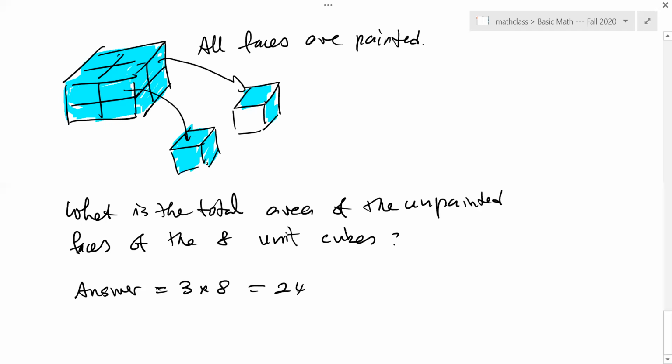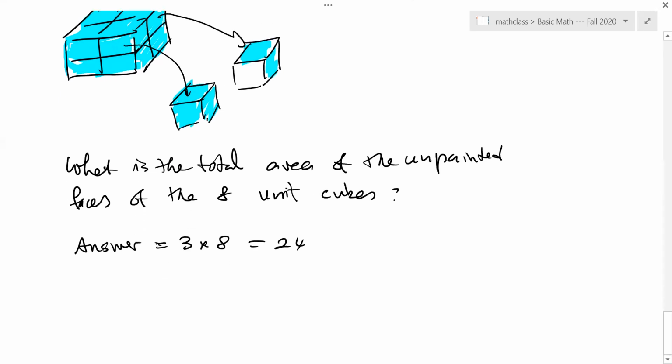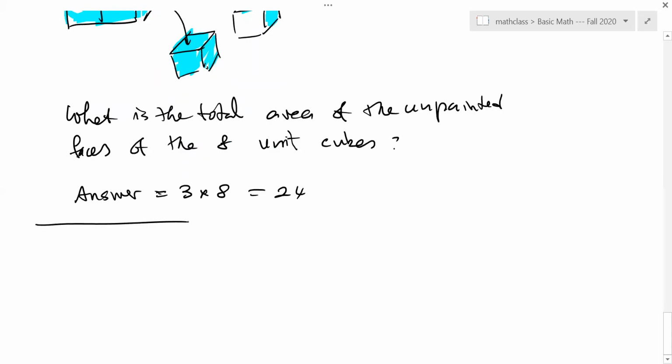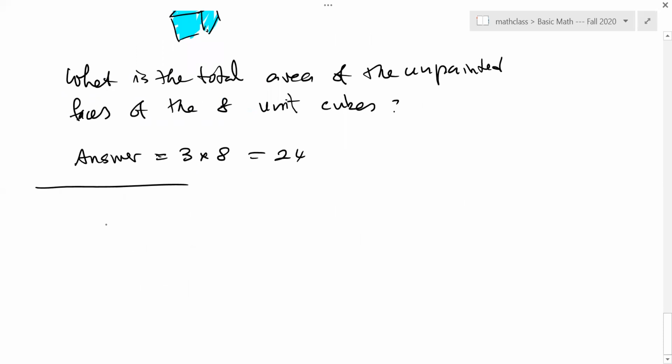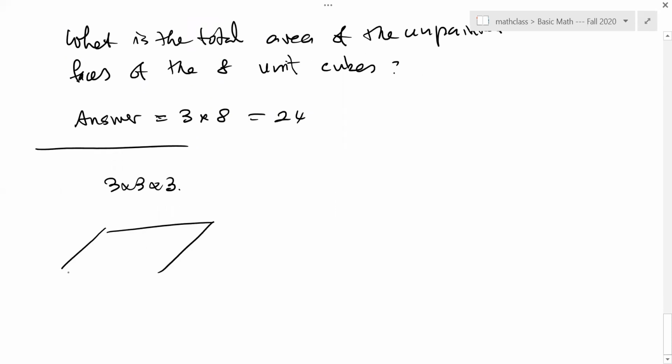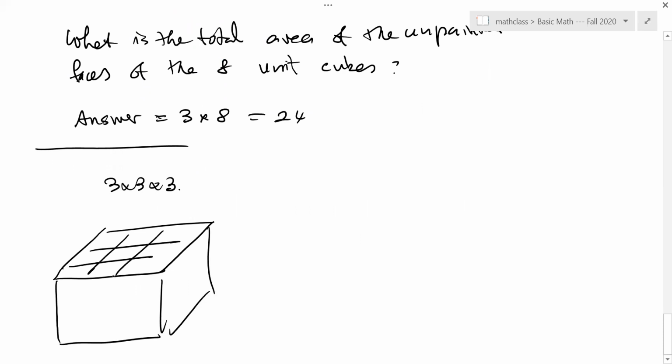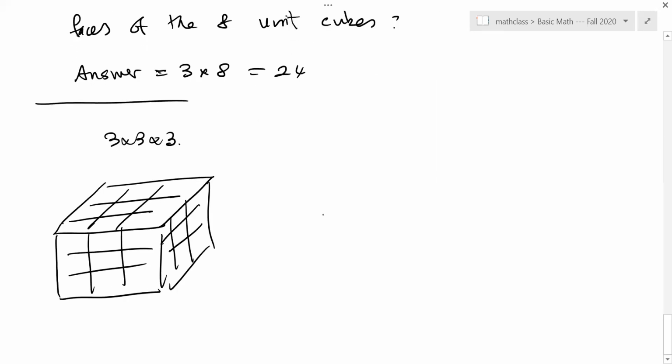However, if I change the problem a little bit, you probably cannot do it like this. Instead of 2 by 2 by 2, I'm going to do 3 by 3 by 3. In this case, you paint it and then cut it into many unit cubes.